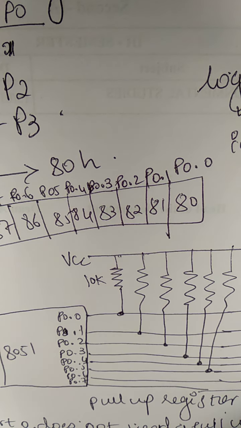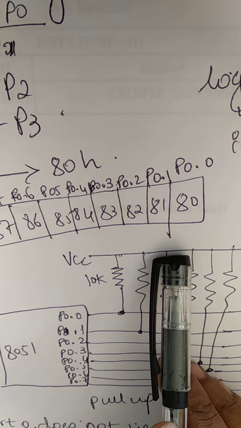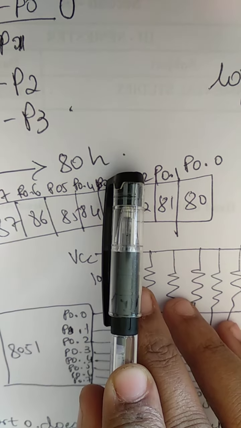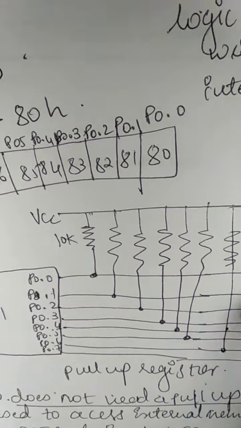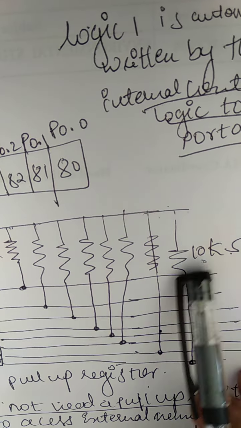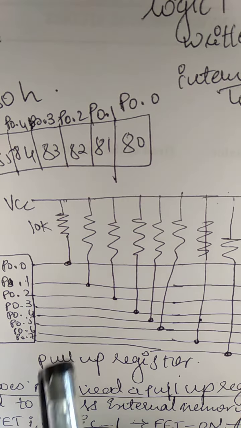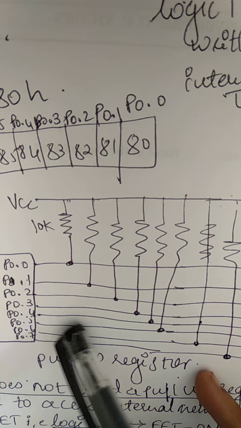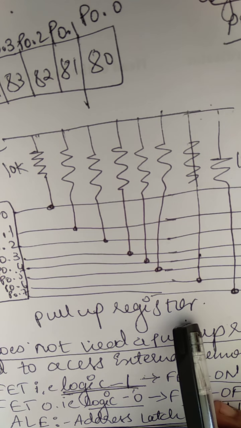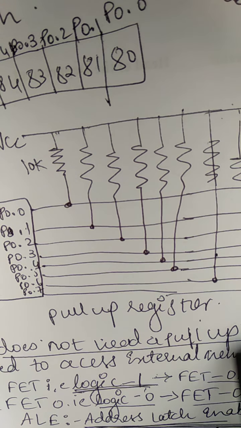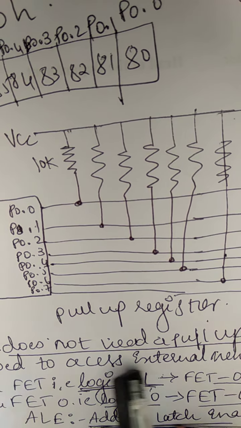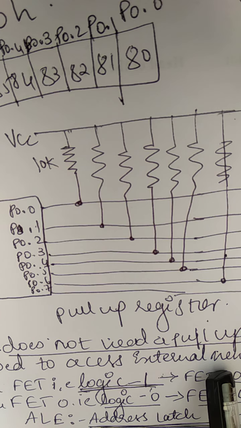In port 0, first we have to give the address bus, and then each external 10 kilo ohm resistor is connected to each pin of port 0. It is called a pull-up resistor. Sometimes we do not require the pull-up resistor, when we are accessing the external memory.